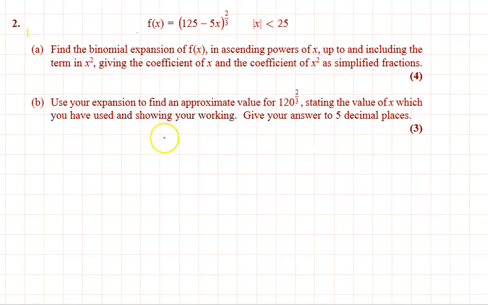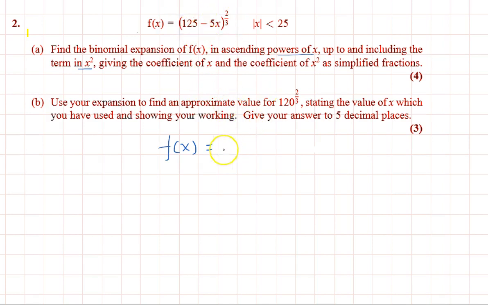Question number 2: f(x) is (125 minus 5x) to the power 2 over 3. Find the binomial expansion in ascending powers of x, up to and including the term in x square, giving the coefficient of x and the coefficient of x square in simplified form.